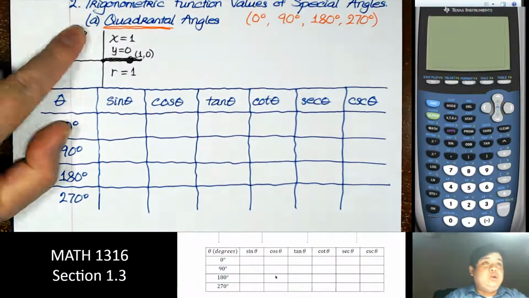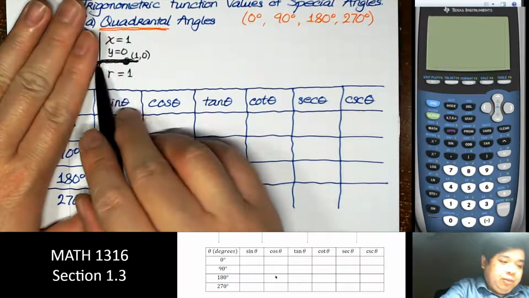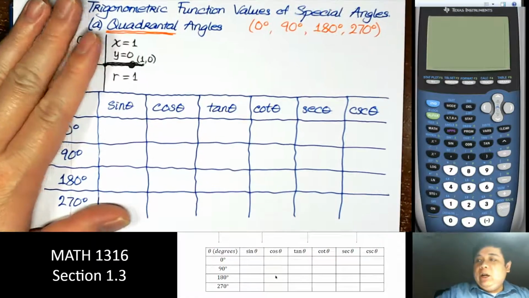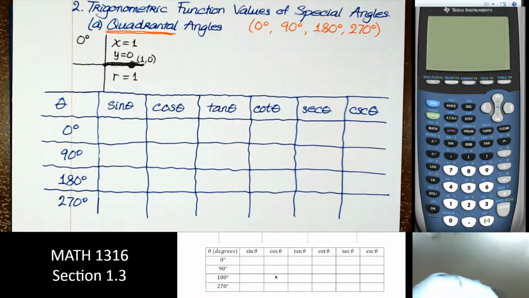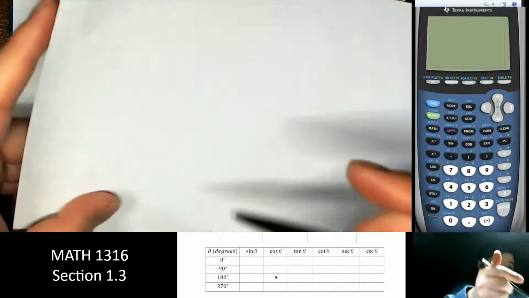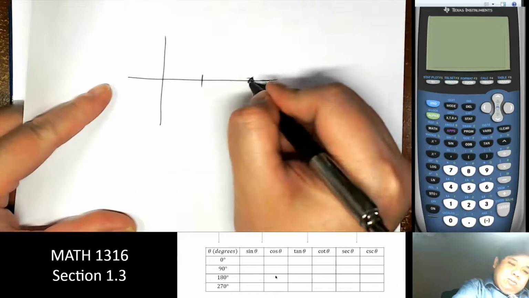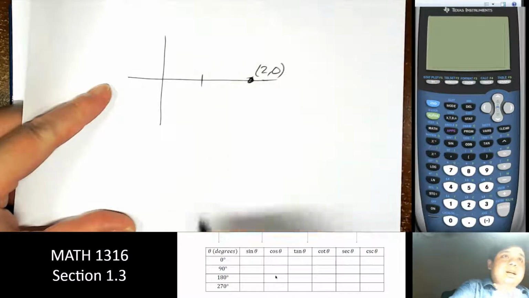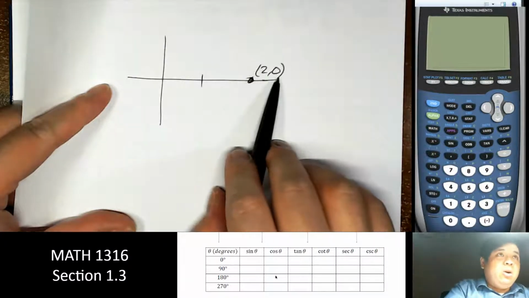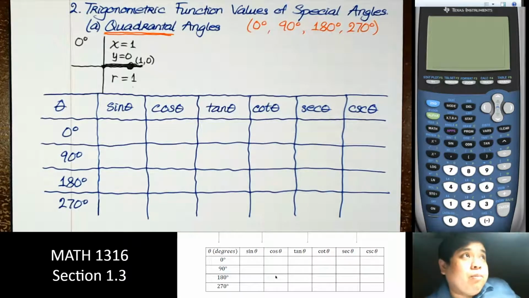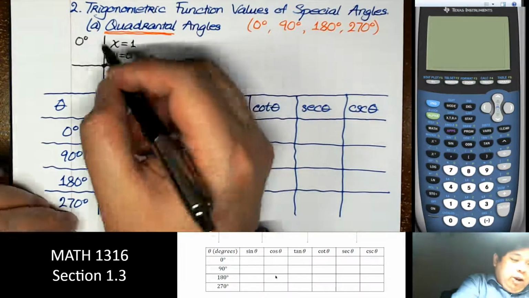We don't have to choose that; we can choose a point like here, so x is 2, y is 0, and r is 2, which is the same thing. It's not very important.